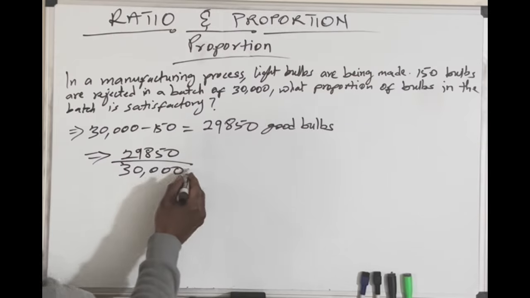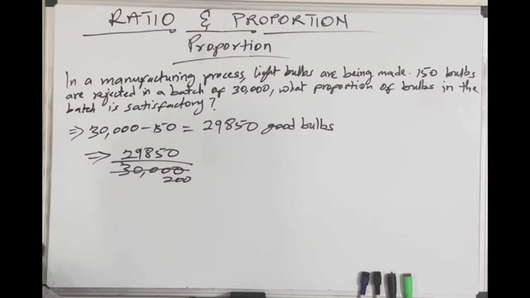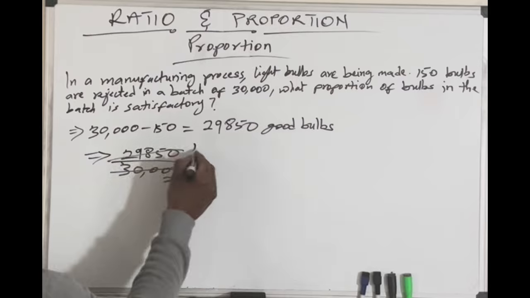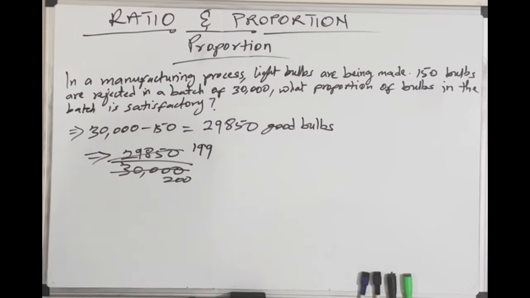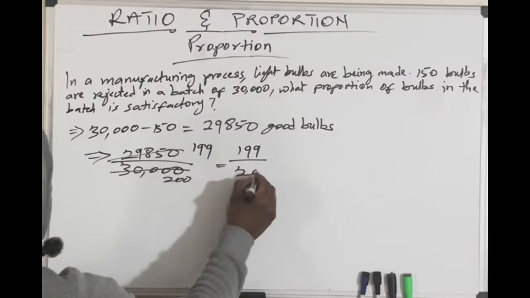So 150 goes into 30,000 200 times, and 150 goes into 29,850 199 times. So we have 199 over 200.